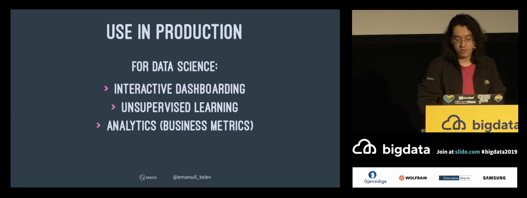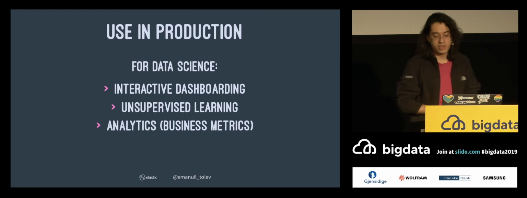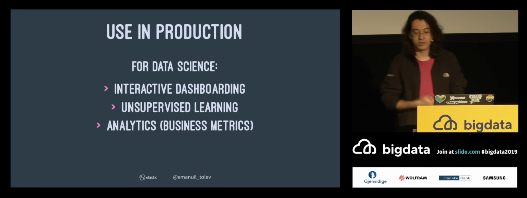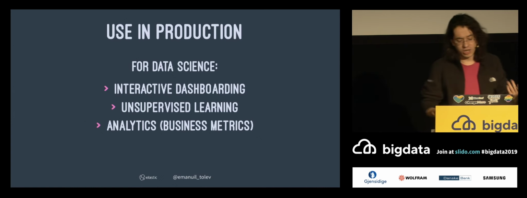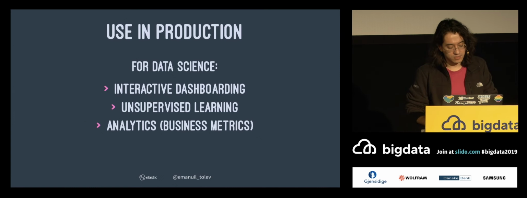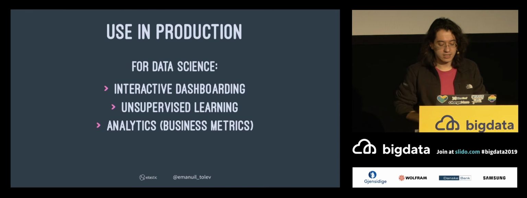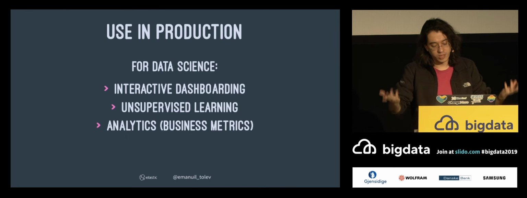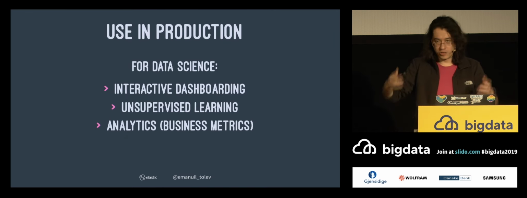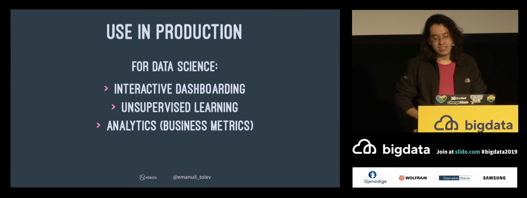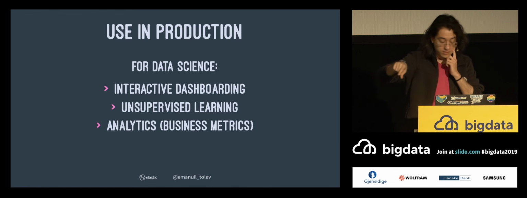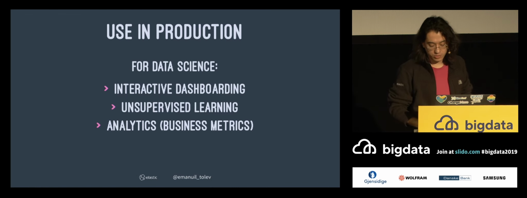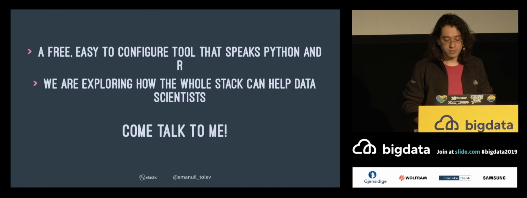You could build dashboards, reports, possibly the unsupervised learning thing, although that's commercial, so maybe you would be a bigger company. You can also get that for small data sets quite cheaply, but it's still paid. And I know data science is used to free tooling. And then finally, analytics, so correlating business metrics with other numbers.